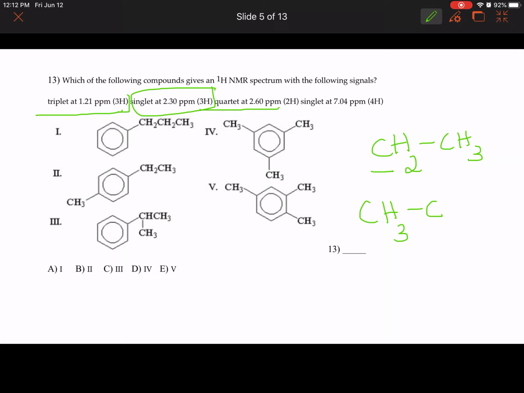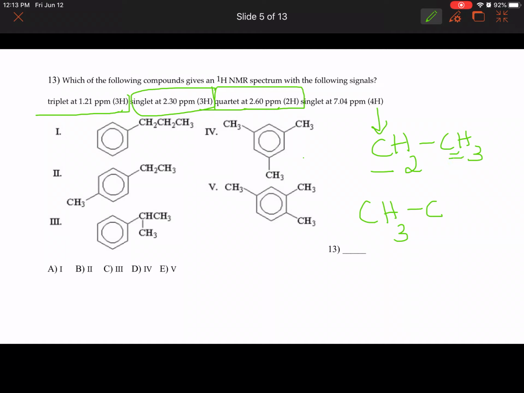And then you have a quartet at 2.6 ppm, 2 hydrogens quartet. So the 2 hydrogens quartet would be these 2 hydrogens. This would be a quartet due to the neighboring 3 hydrogens.